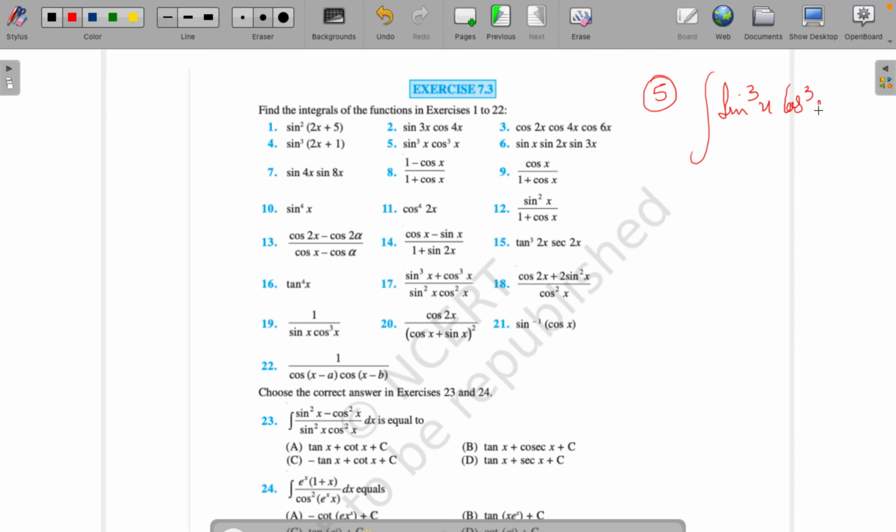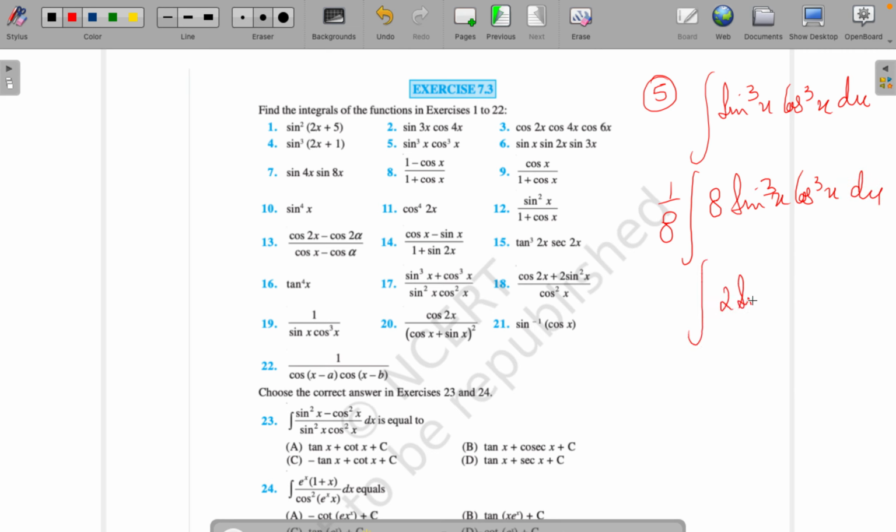Now, similarly, if you talk about question number 5, children, question number 5 also. Children who try to use the formula of sine cube x and cos cube x make a lot of mistakes, because when these terms are in multiplication, the question will run into pages. So that is why I will multiply and divide by 8, children. I'll tell you why I have taken 8, because I need a cube, right children?